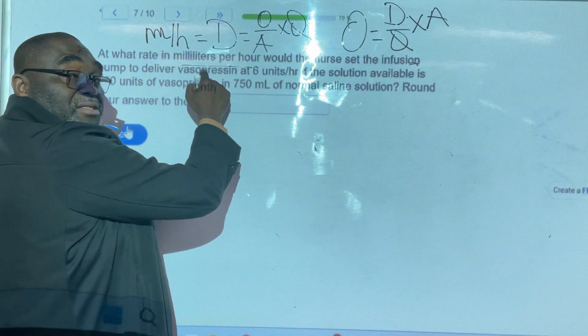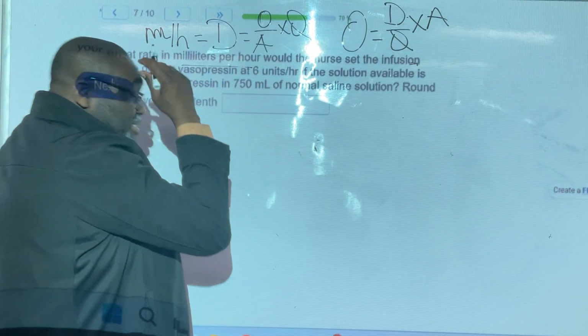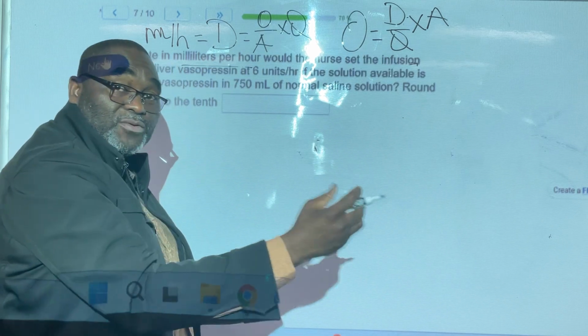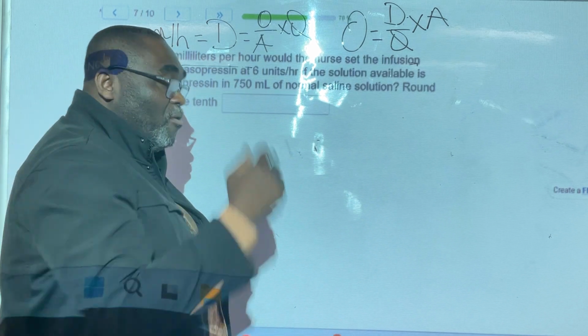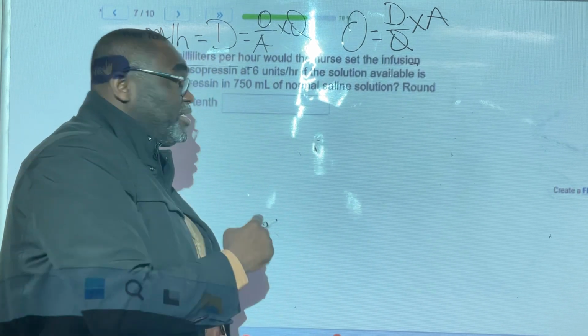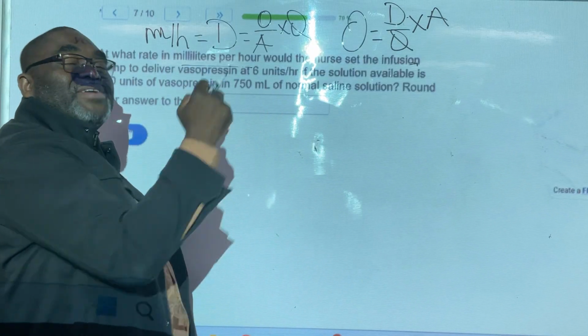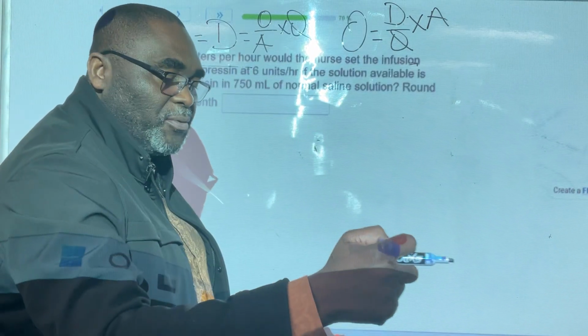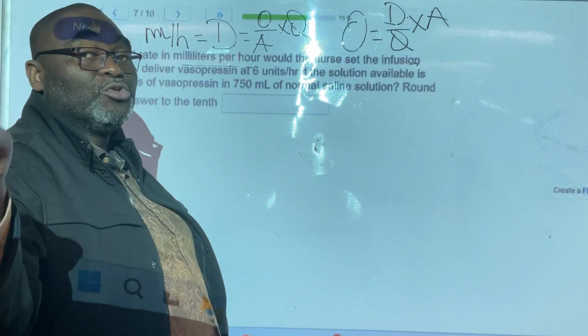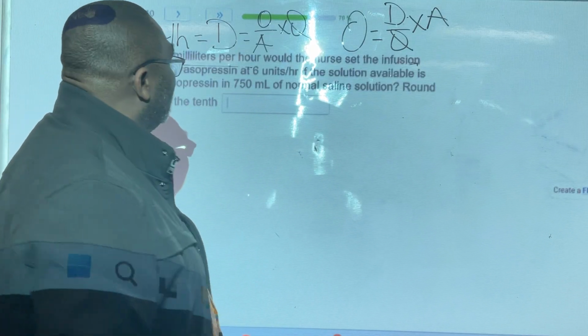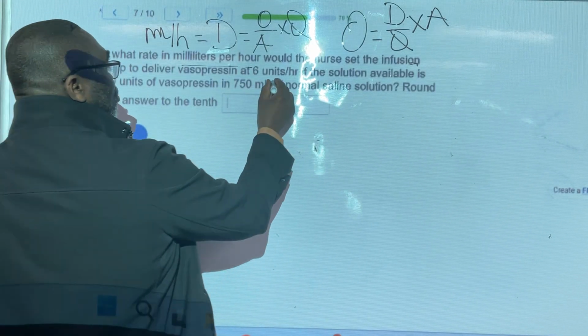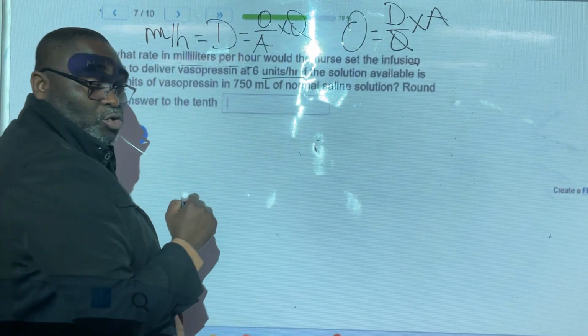That's why the students are making a lot of mistakes. They just see per hour, they jump to the conclusion thinking that is a dosage. No. For you to be on the dosage side, you gotta say milliliter. If it does not say milliliter per hour, it's going to be on your order side when we're dealing with the infusion rate.